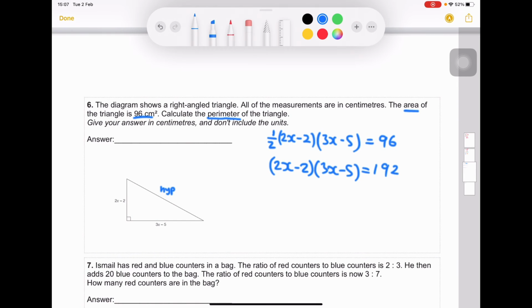Expand brackets. 6x squared take away 6x, take away 10x, so take away 16x plus 10 equals 192. 6x squared, take away 16x, equals 182.